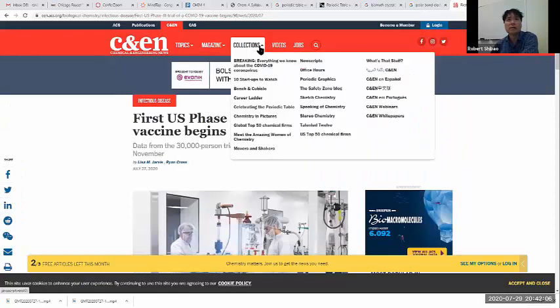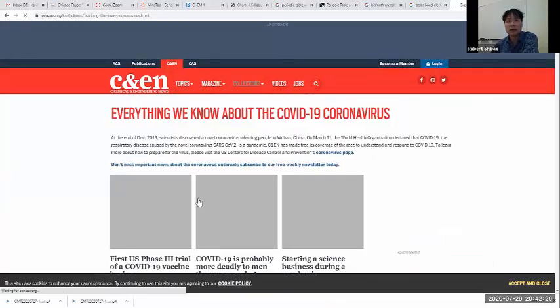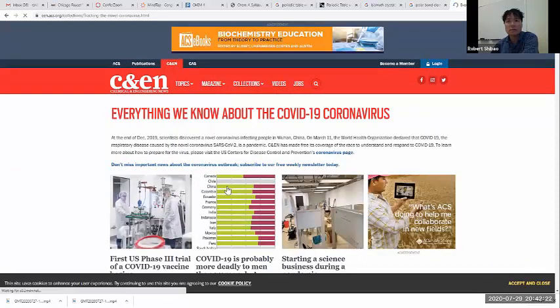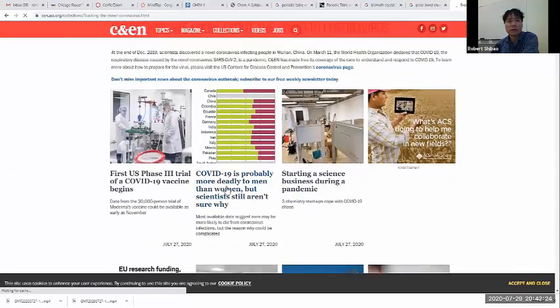Why isn't it in the collections? Oh, here it is. So everything we know about COVID-19 coronavirus is all free. And there's some stuff that you would actually have to pay quite a bit of money to access if they didn't give it for free.